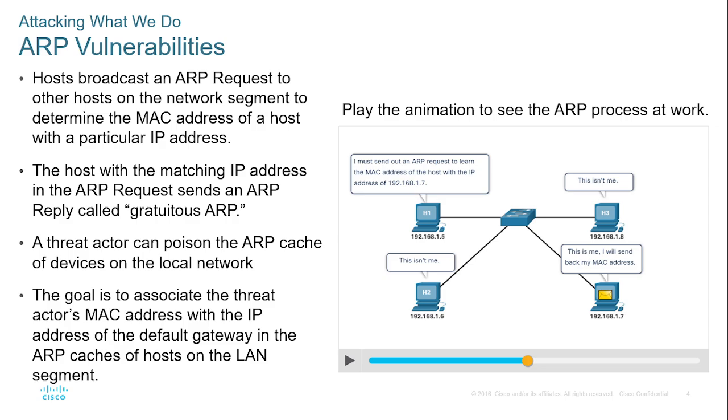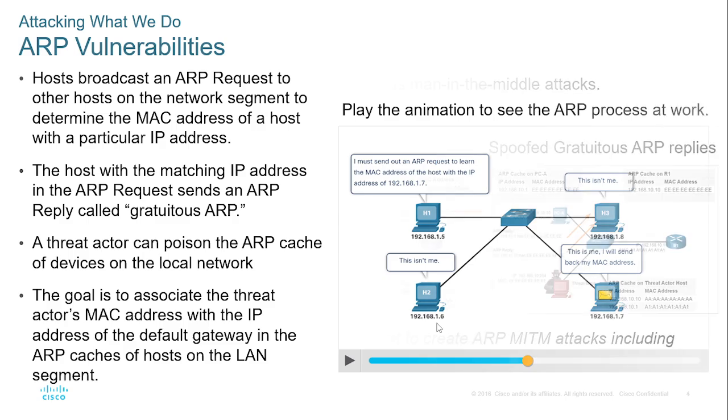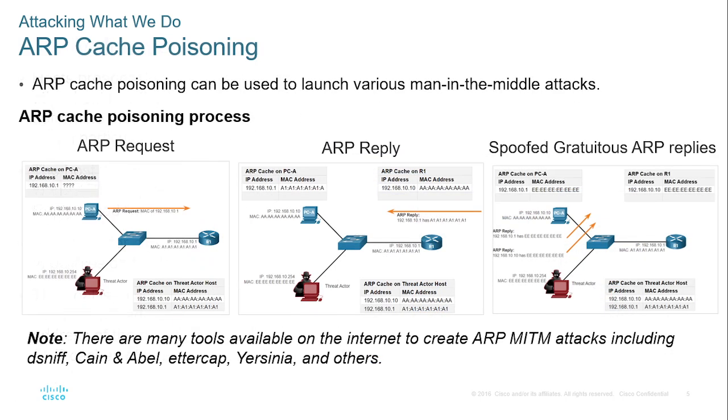That means any communication between the host that was looking for the other host now goes to the threat actor instead of the legit host, and all communication gets to the threat actor. That's basically what happens.